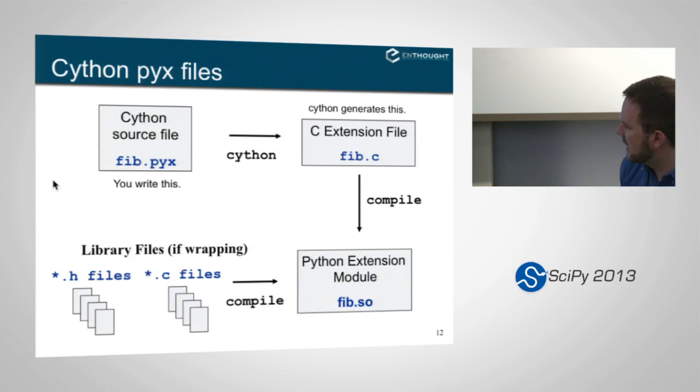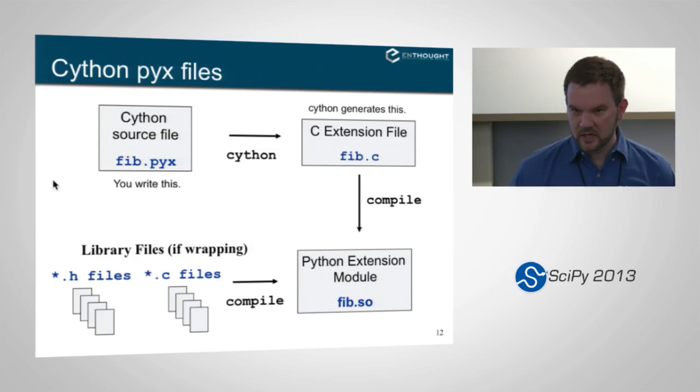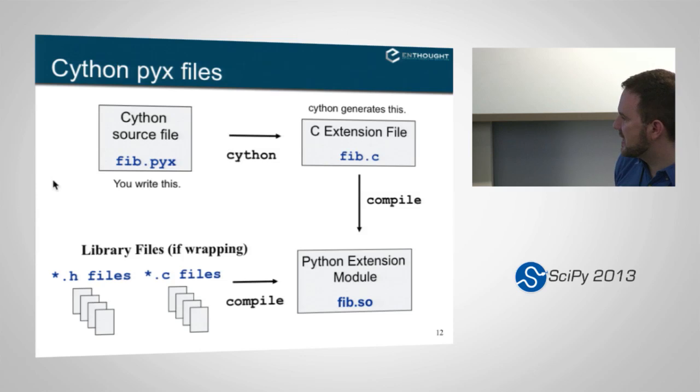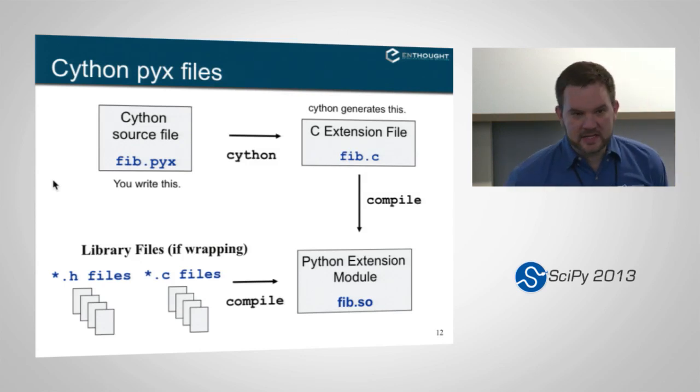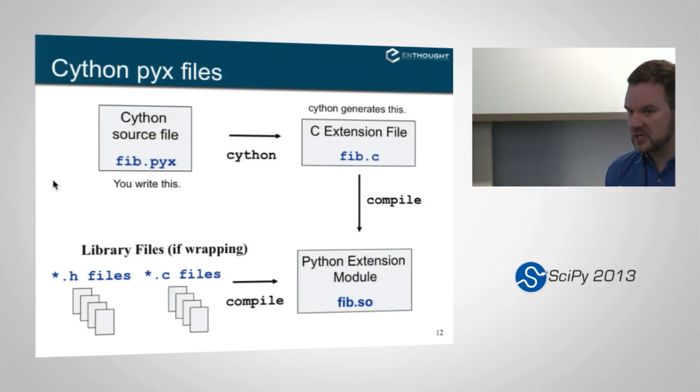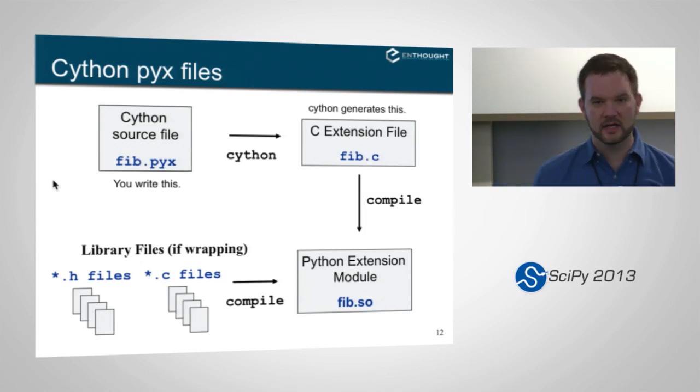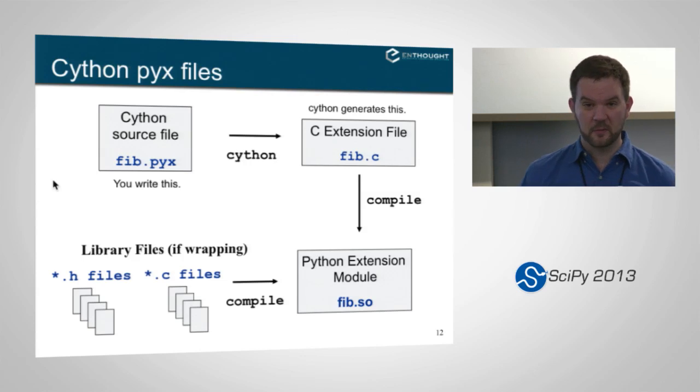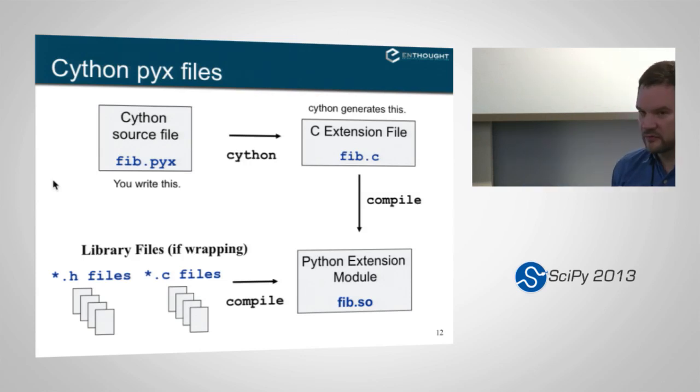Okay, so just a flow diagram to help understand the process for working with Cython source files. So the extension for Cython source files is conventionally pyx, and that's a holdover from when Cython started out as a project called Pyrex, started by Greg Ewing, and Cython forked Pyrex, but it's the friendliest fork in the world, where Greg helps out the Cython guys, and Cython guys help Greg out as well.